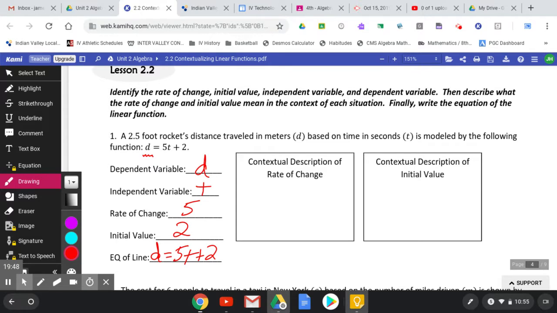That makes sense to you? We have to now use this context to realize what we're talking about. We can see meters and seconds are in the question for us. So in context, it means the rocket will travel 5 meters per second. Meters per second.